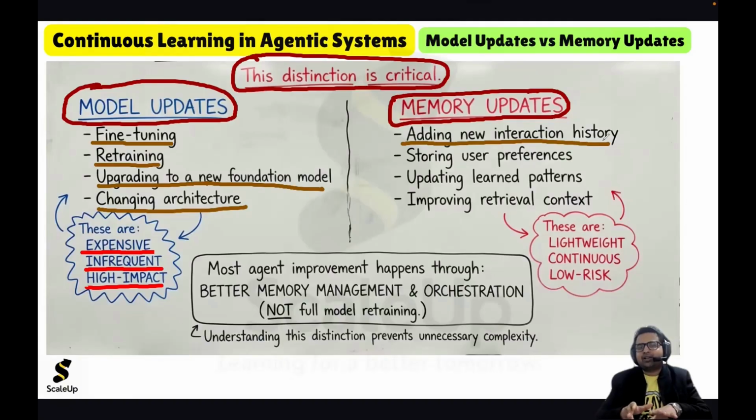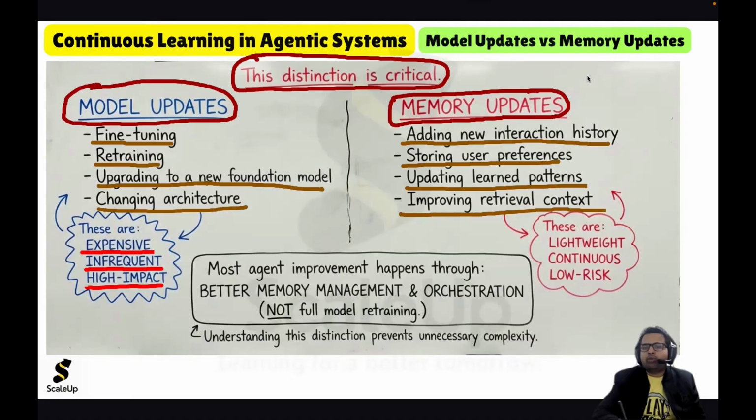Whatever you ask it, it will just reply, and it will forget the interactions also. It cannot remember interactions. So we make use of the memory where we store the interactions. So memory updates means adding new interaction history, storing user preferences, updating learned patterns, and improving retrieval context.